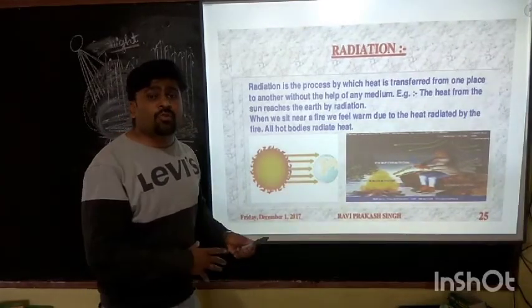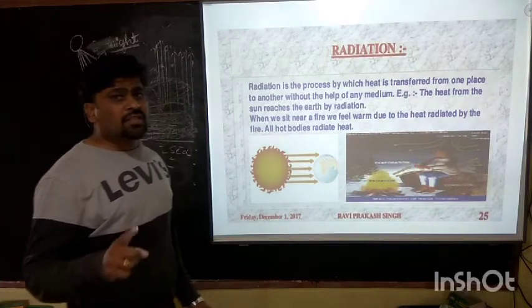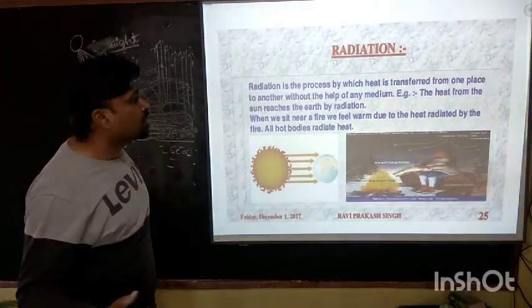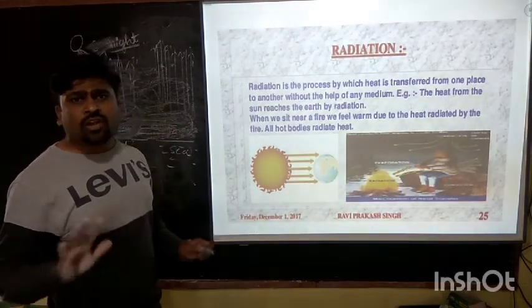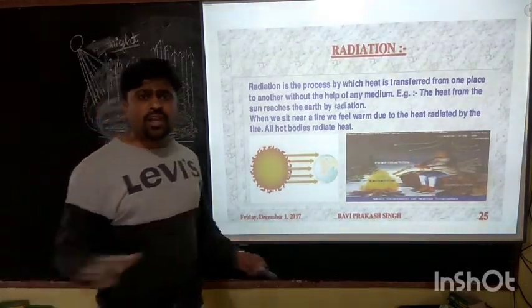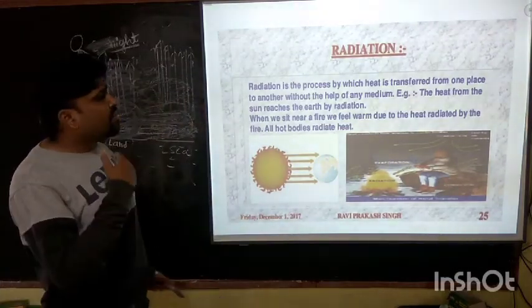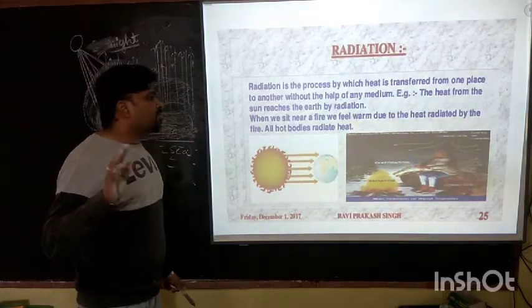If we remove that air, this we call a vacuum. Clear? That means radiation can easily transfer in a vacuum also. That means no medium is required. Water medium not required, gas medium not required, air medium not required. Heat is transferred from one place to another without any medium.